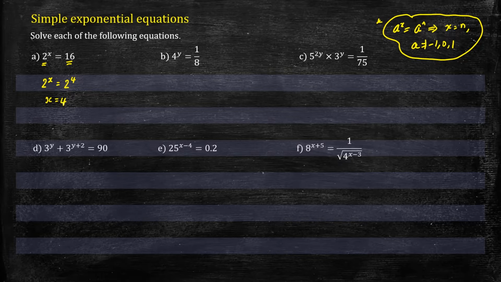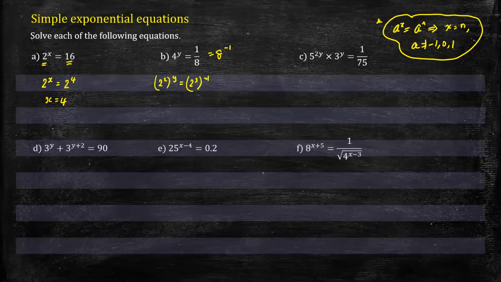In question B, we've got 4 to the power y equals 1 on 8. So we can make this base 2. So we've got 4^y, we'll make that (2 squared)^y, and 1 on 8 is equal to 8 to the -1 power, and we'll change 8 to be 2 cubed.